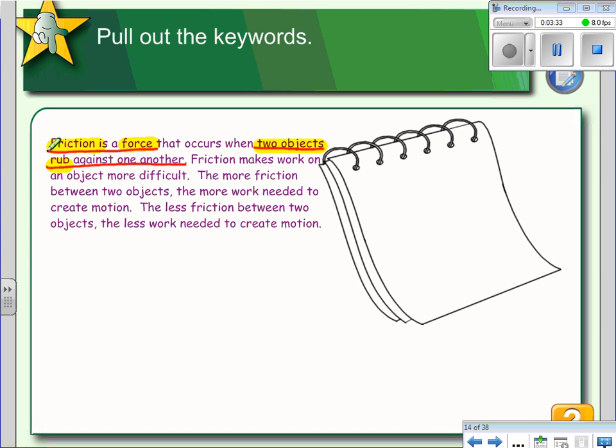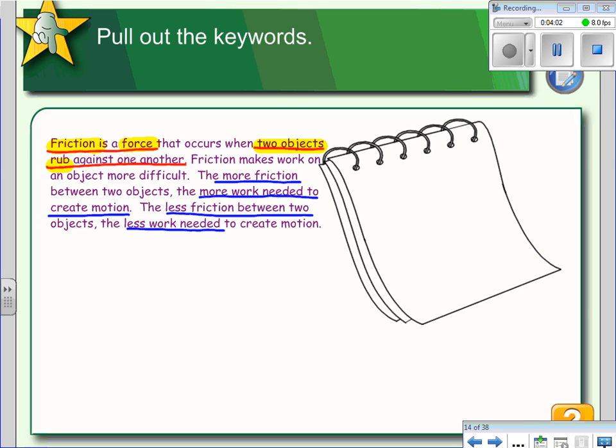But what I want you to also remember about friction is the more friction we have, the more work is needed to create motion, or we need more force. The less friction between 2 objects means the less work is needed to move that object.